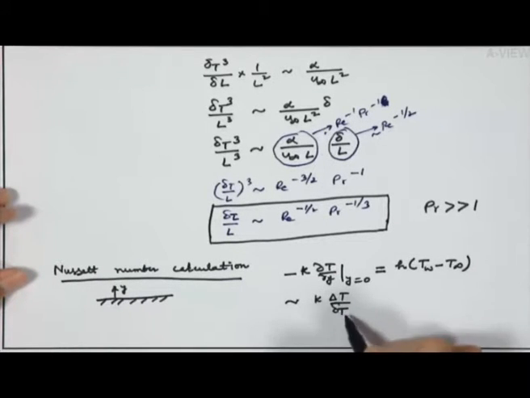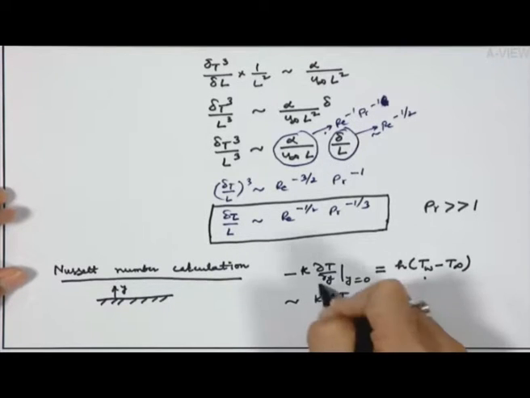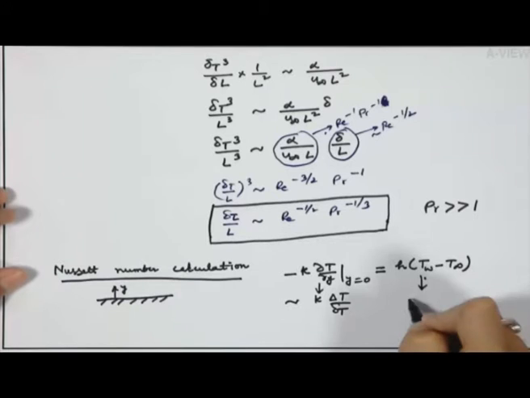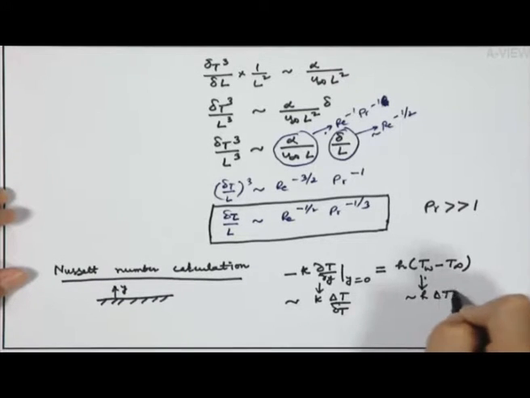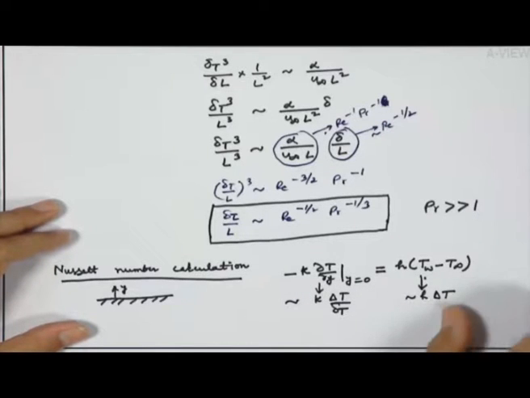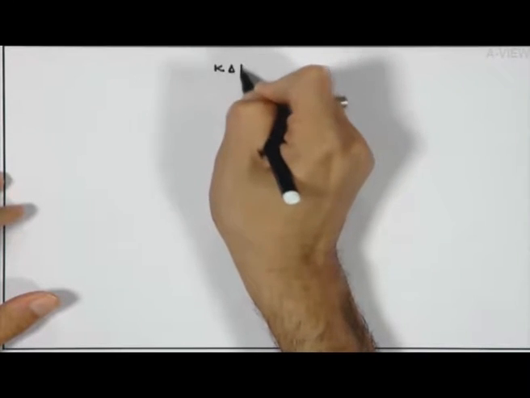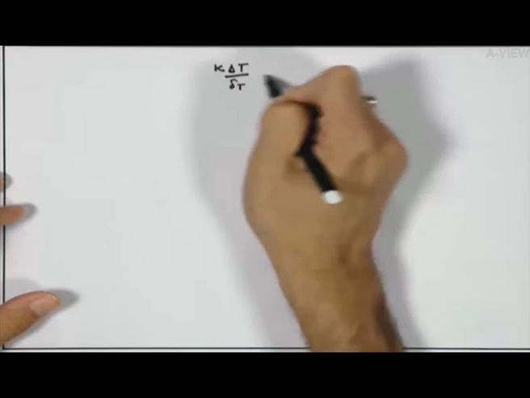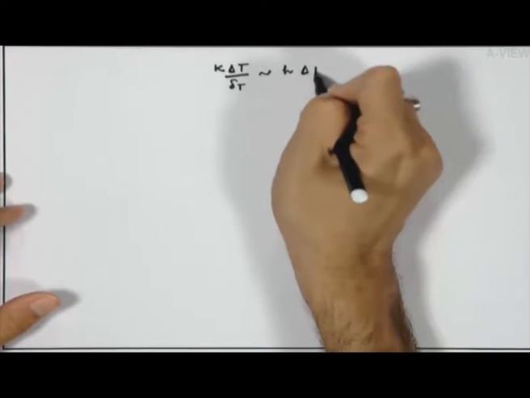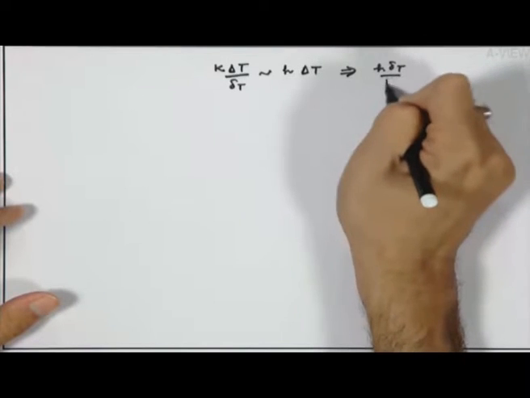So, k delta T by delta T is of the order of h into delta T. So, these two are of the same order, that means you have k delta T by delta T is of the order of h delta T, which implies h delta T by k is of the order of 1.